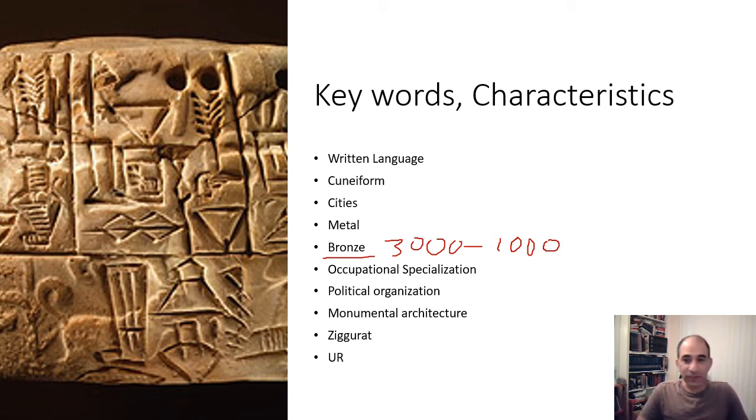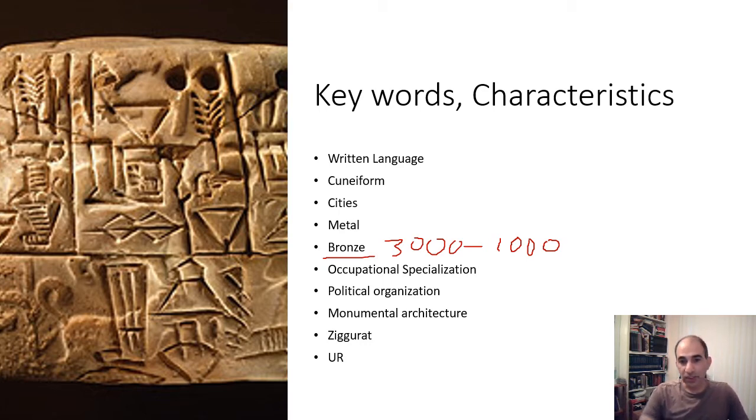And for political organization, that's like laws and rulers and government. Some people put economics in there as well. So that's a characteristic we see of civilization. And then the last one I'd want you to know about is monumental architecture, which is building something big. Really good example of that, I'll show you an image in a second here. It's called the ziggurat, and it's located in a city called Ur in modern day Iraq, right?